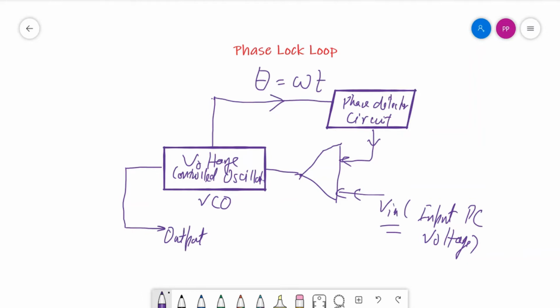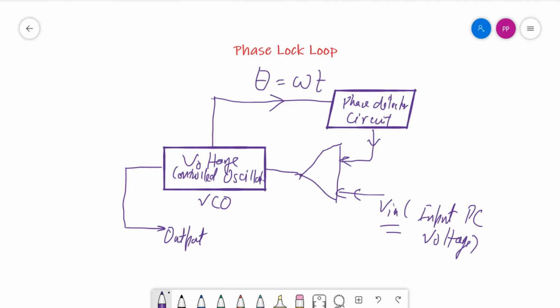So if the voltage applied to an LC oscillator changes, due to the presence of the varactor diode, the frequency generated by the LC oscillator changes. Whenever I change the voltage applied to the LC oscillator, it will produce a corresponding frequency which will differ in proportion to the applied voltage.